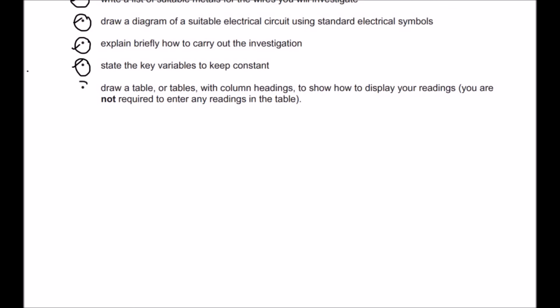In the last part, you draw a table or tables with column headings to show how to display your readings, and you are not required to enter your readings in the table. So you need to draw a table in which you show your observations, like measurement of current, voltage and other things you need.